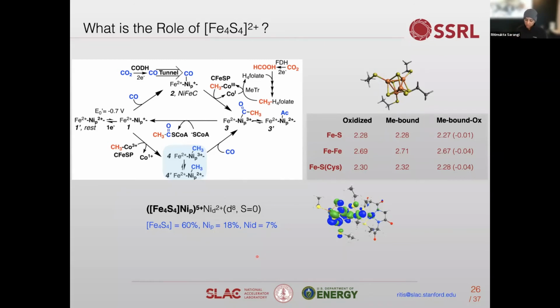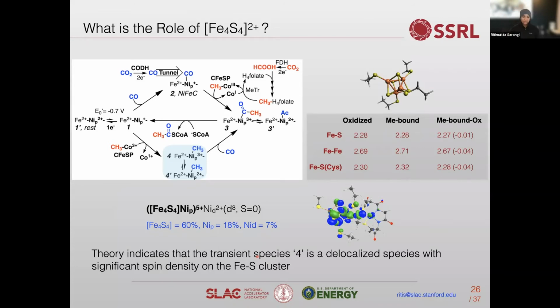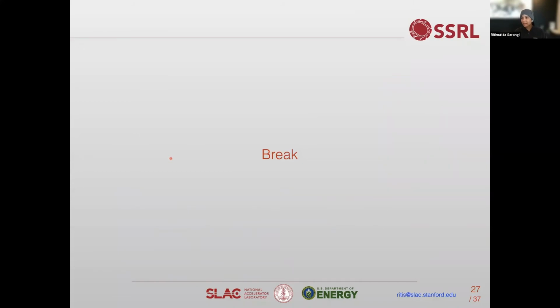So essentially what this tells us is that this transient species 4, which we haven't tracked, but we can look at with theory, is a delocalized species, and it really justifies the use of the iron sulfur cluster, which is there to delocalize the excess spin or hole on the nickel P. Okay, so this is done.